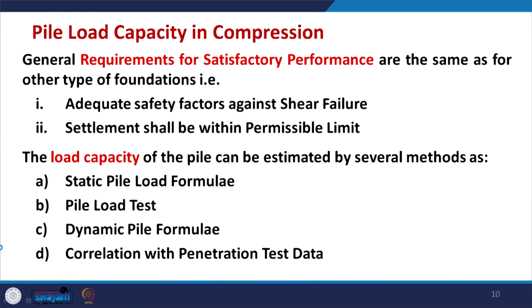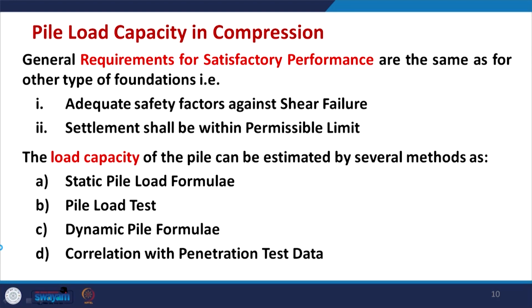Keeping in view these two criteria, we find out the capacity of the piles. The load capacity of the pile for static vertical load can be estimated by several methods, and they are mostly grouped into four categories. First is static pile load formulae, second is pile load test, third is dynamic pile formulae, fourth is correlation with penetration test data.